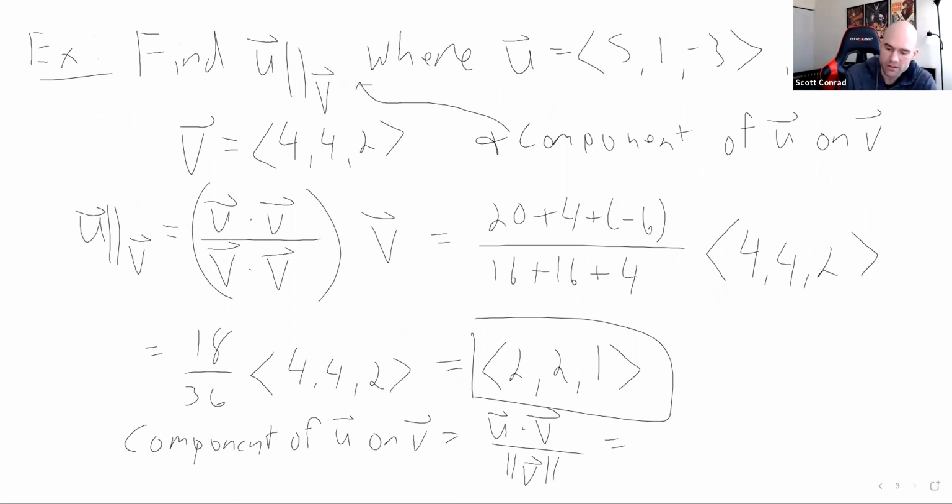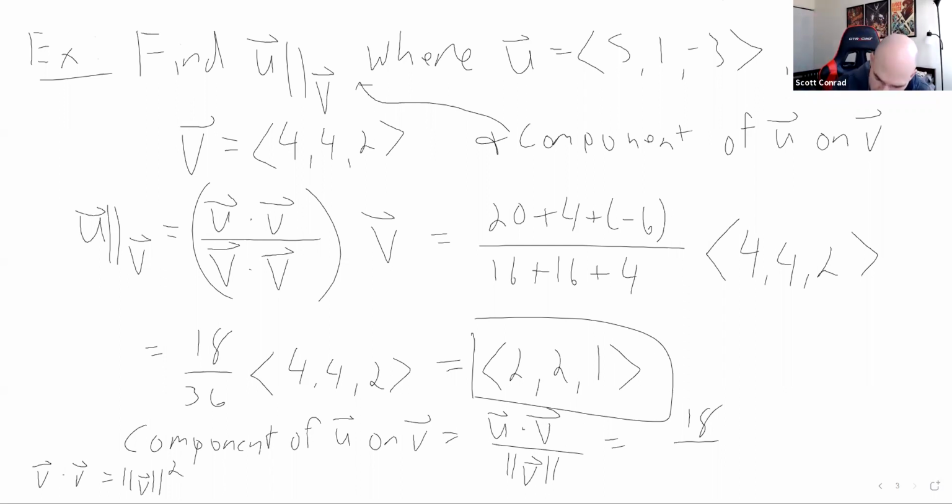So u dot v over magnitude v. So we already said u dot v was 18. Magnitude of v, remember, v dot v is magnitude v squared, which we already calculated. And we saw that the magnitude of v squared, thus, is 36.